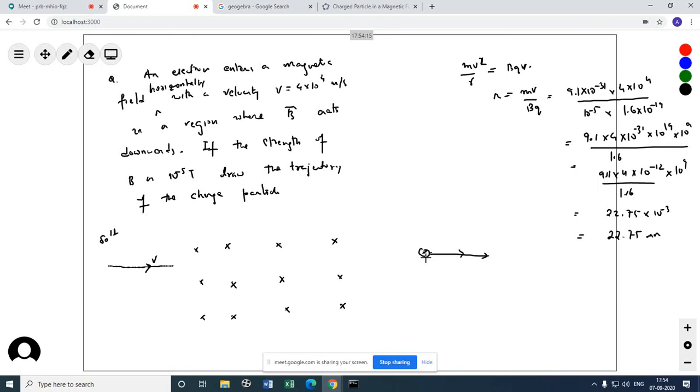Imagine you are taking a pen towards the plane of the paper, and one more plane from left to right towards east. Align your right hand on the velocity vector and fold it towards B. Which side will the charged particle take the turn? From left to right. Right. So, go inside.